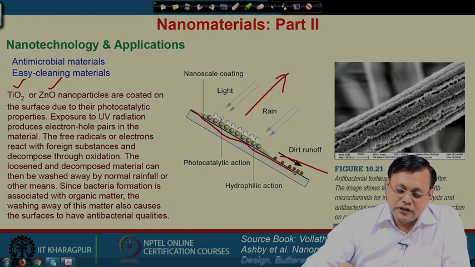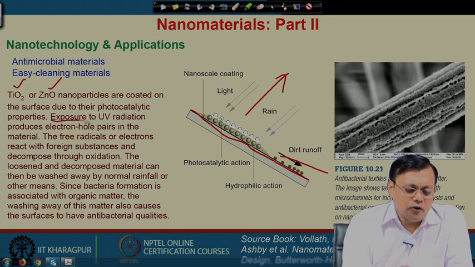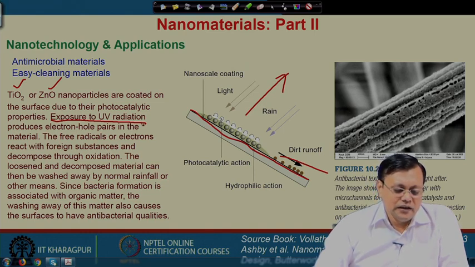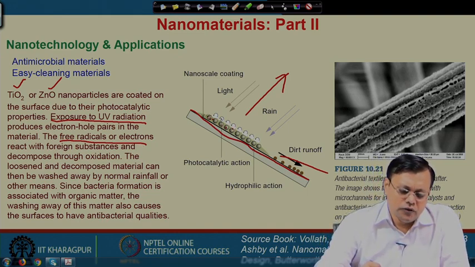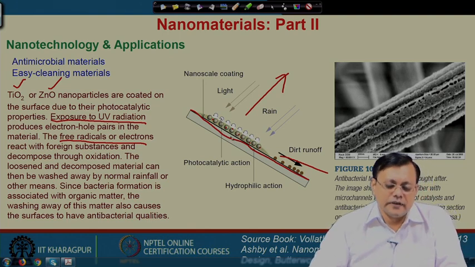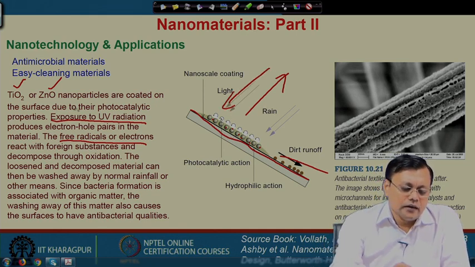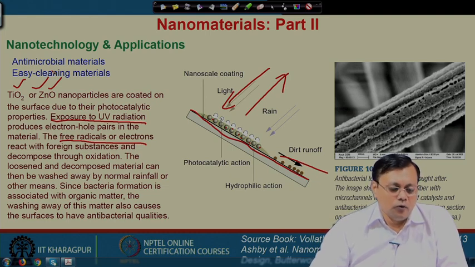So, there is a nanoscale coating on the surface, and on exposure to ultraviolet radiation, electron hole pairs will be created in the material. The free radicals or electrons react with the foreign substance. Let us assume these are the foreign substances sticking on a surface. Due to the light rays on the coating, it produces positive and negative hole pairs.